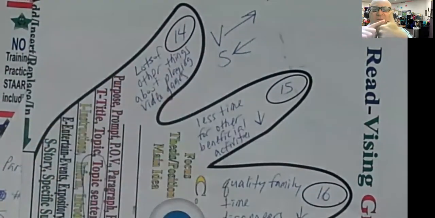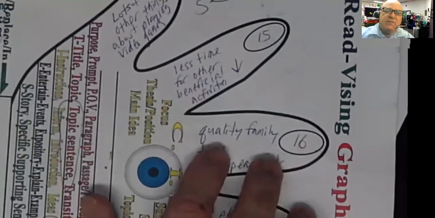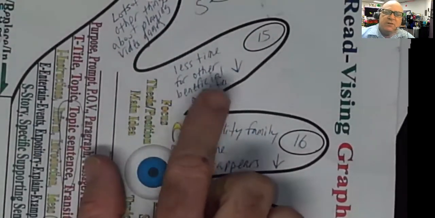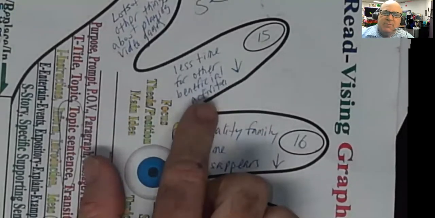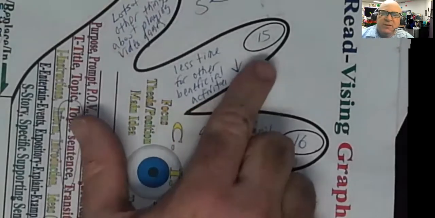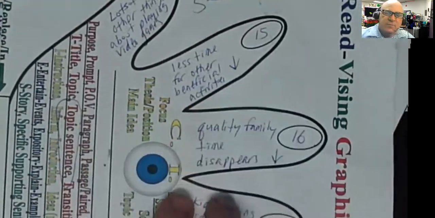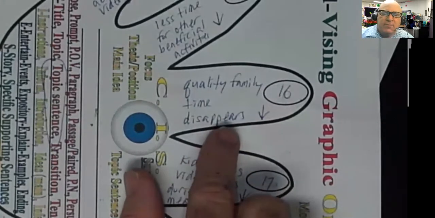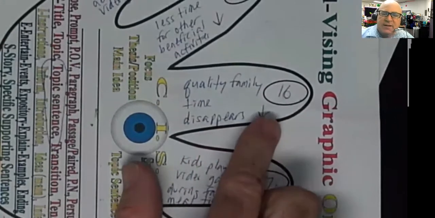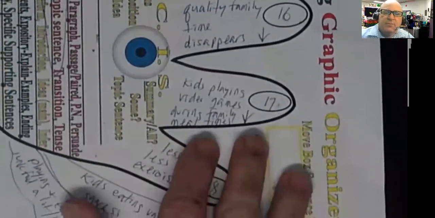Well, in order to be a good topic sentence, we've got to find out what the bottom sentences are. So sentence 15 said, playing video games is going to result in less time for other beneficial activities. That's a negative. Sentence 16 says the quality family time is going to, it disappears. That's a negative, up and down arrows.